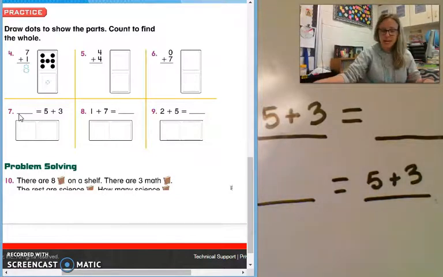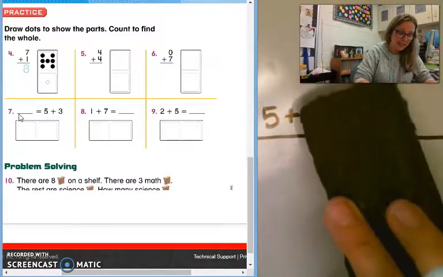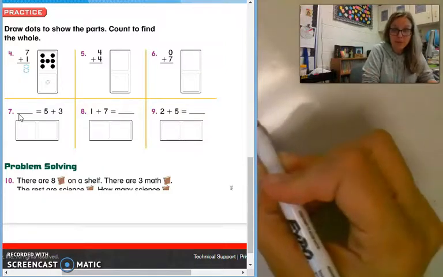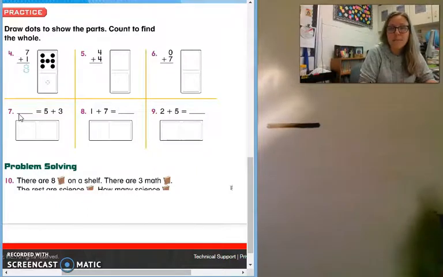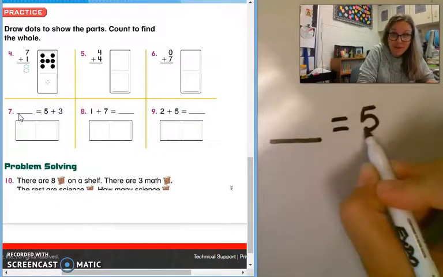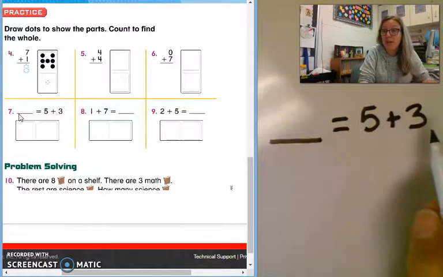So looking at number 7, they have it set up where some number that we don't know, our whole, is going to equal 5 plus 3. So 5 and 3 are the parts.